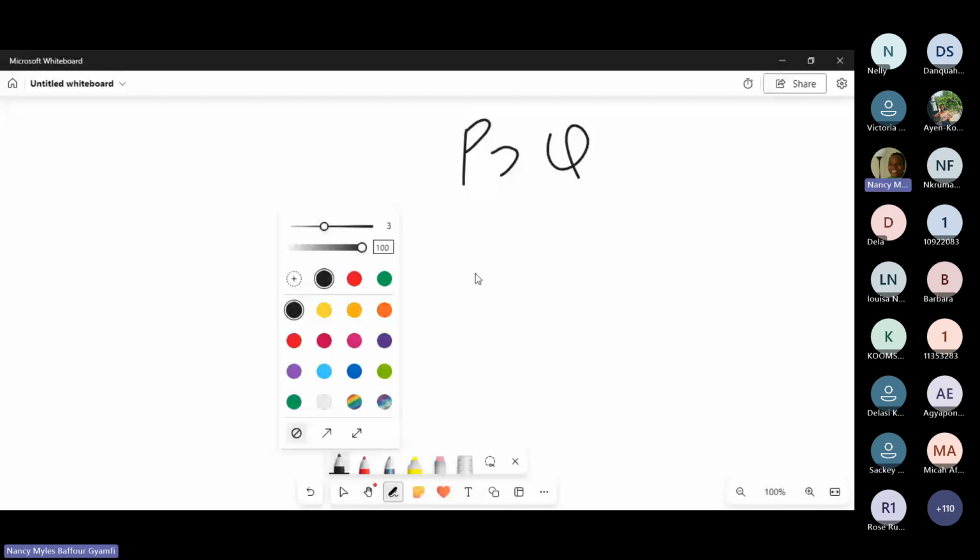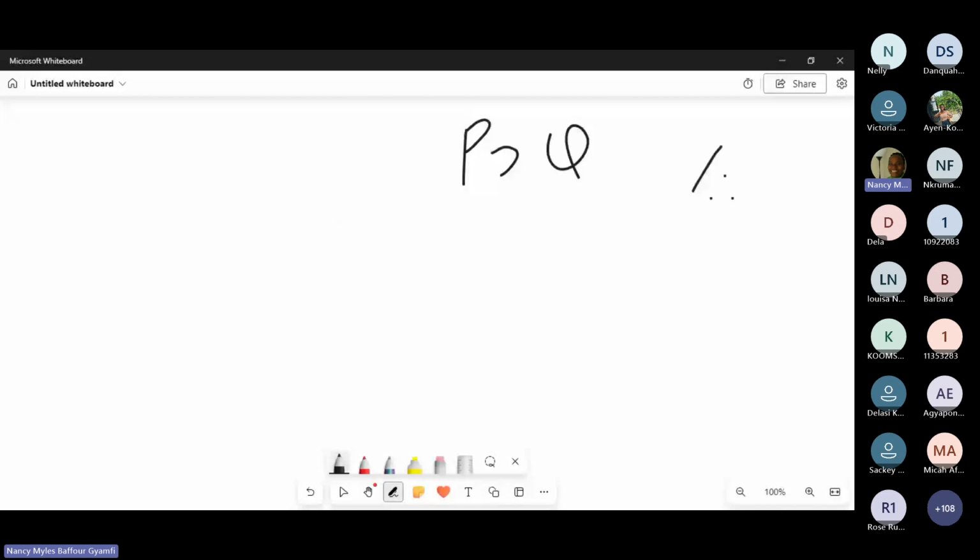Very good. So if we had that formula on your screen now, and suppose you were asked to prove, therefore, something a bit far away, therefore not P, for instance, using indirect proof, reductio ad absurdum.